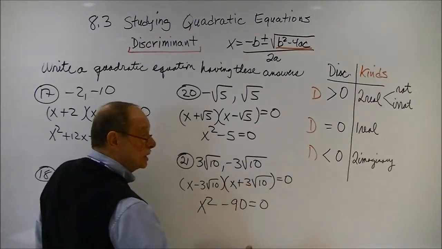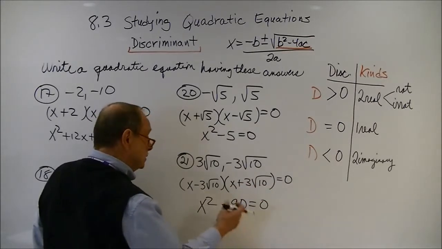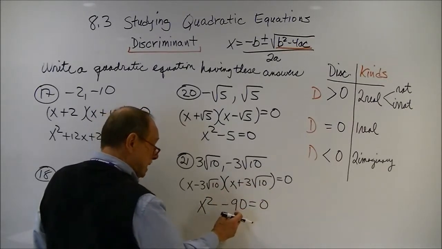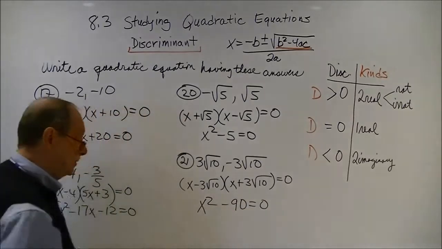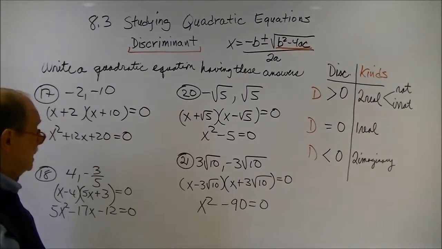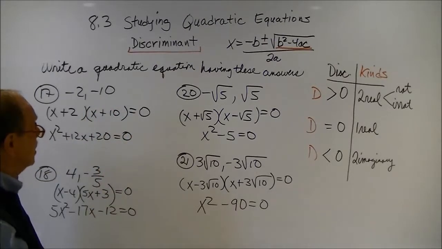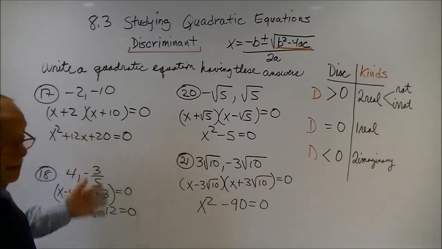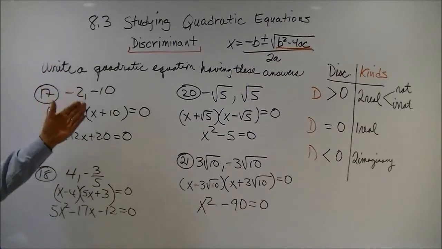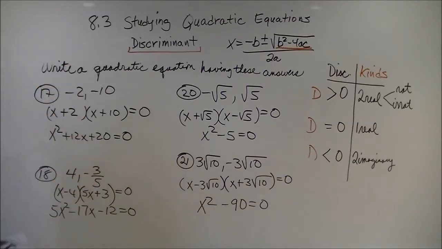Square root of 100 is 10. So negative 9 times 10 is a negative 90. Okay, we don't want to make this tape too long. So there are some of the things. The discriminant, and now working backwards.